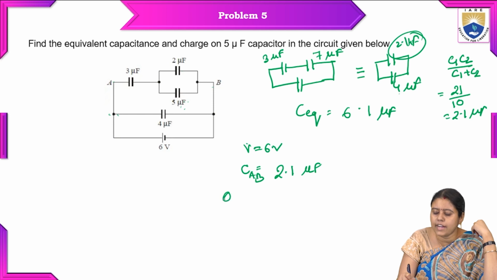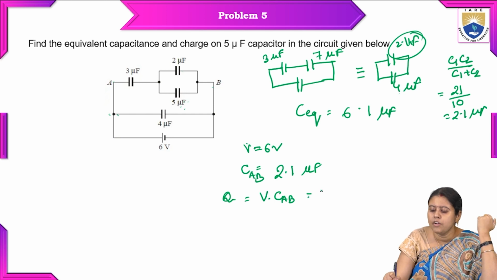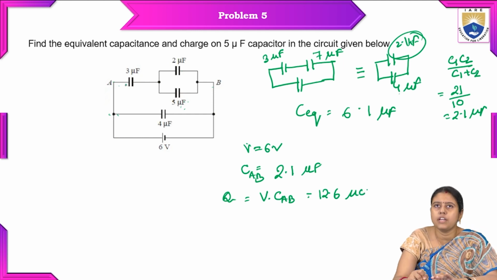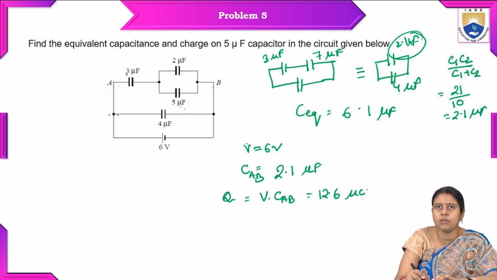The charge is equal to V into CAB, so it is coming 12.6 microcoulomb. This total charge is constant for this line.